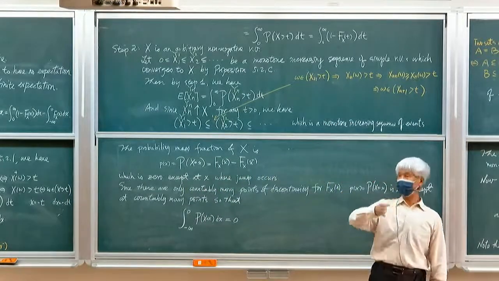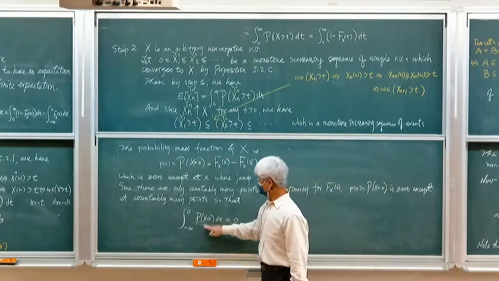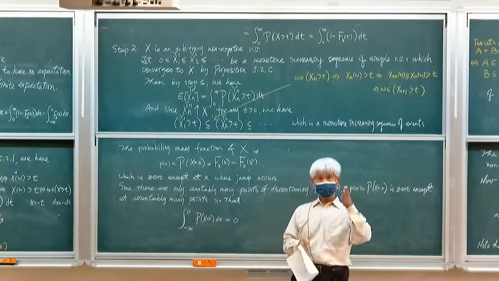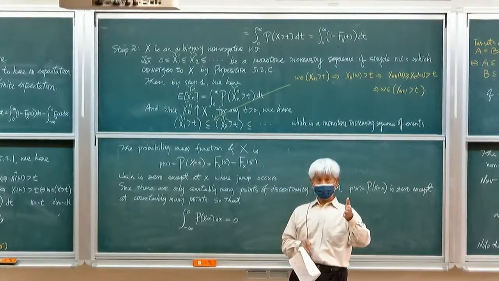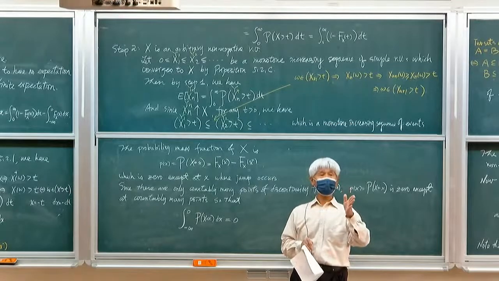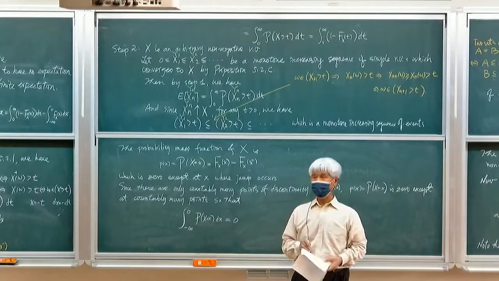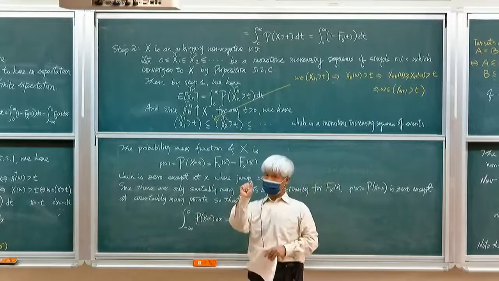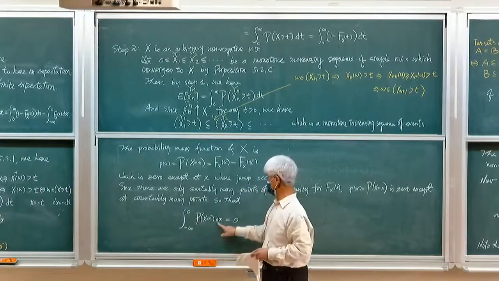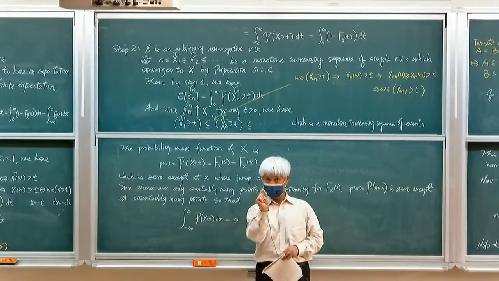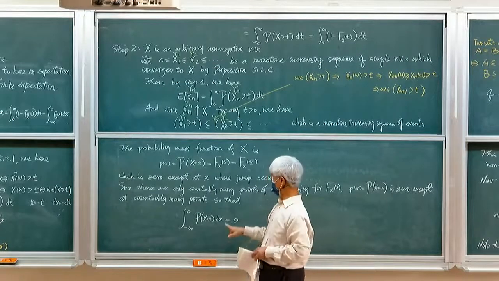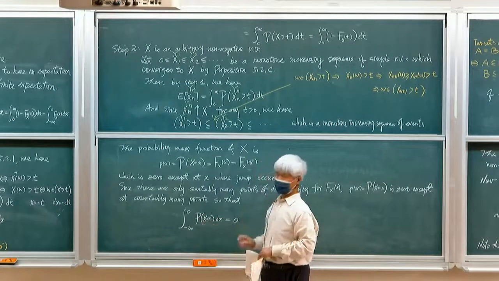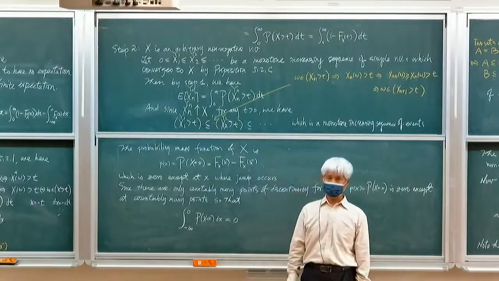All right, because the integrand may be non-zero at countably many points only, and each point has length 0. Because this is the differential, this is the length. So the integral must be 0.